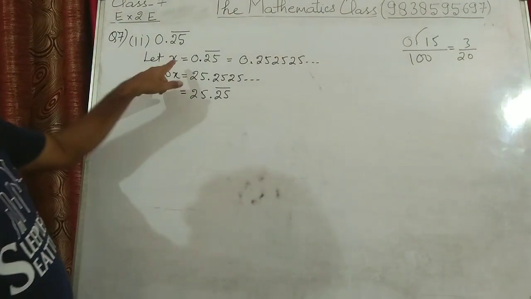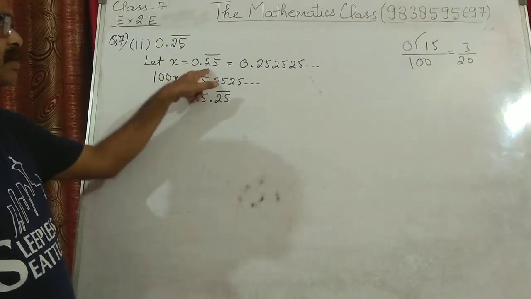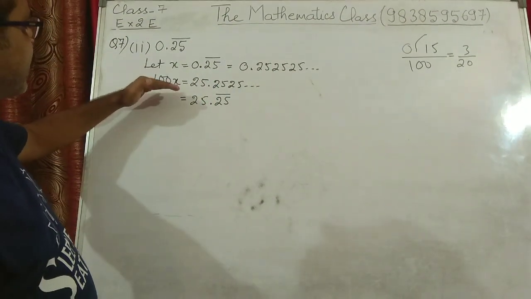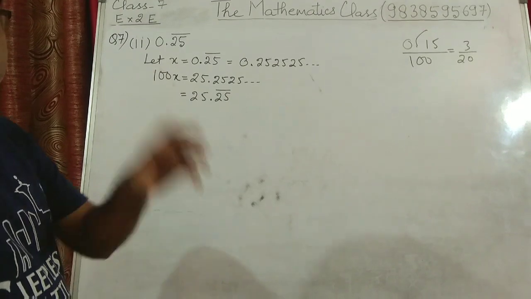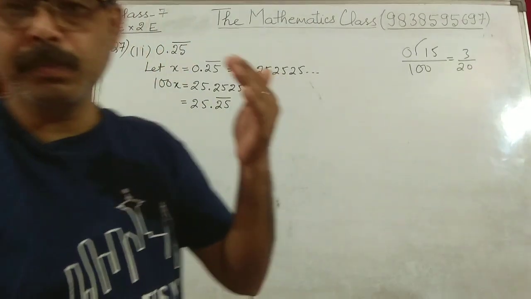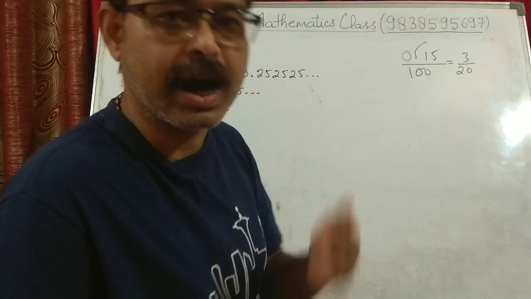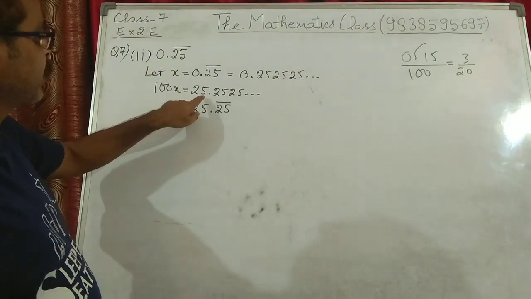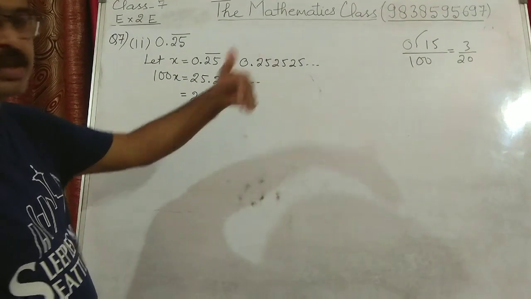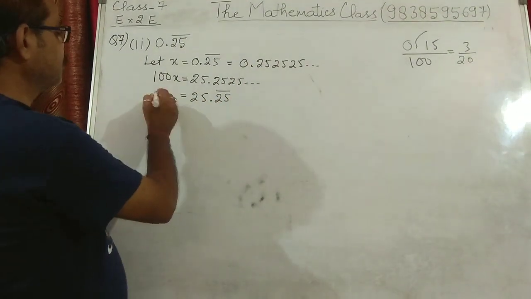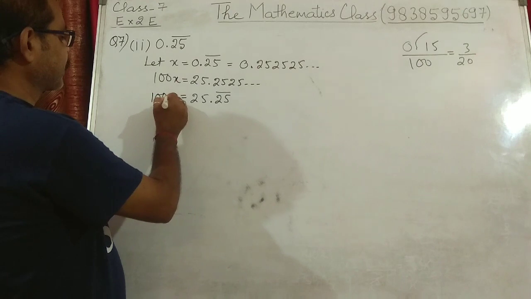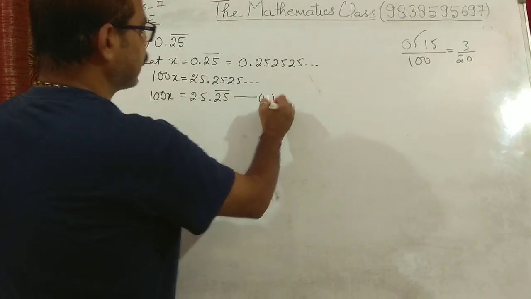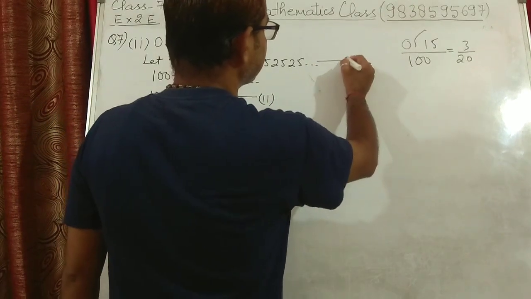What have we done? We have assumed a number as x, which means 0.25, 25, 25 and so on. So we multiply by 100. Why do we multiply by 100? Because the concept is to make all the numbers after the decimal as 0. So what I did? 25.2525 means you multiply by 100. Now you got this as 100x. Let us name it as equation number 2, and let us name this as equation number 1.